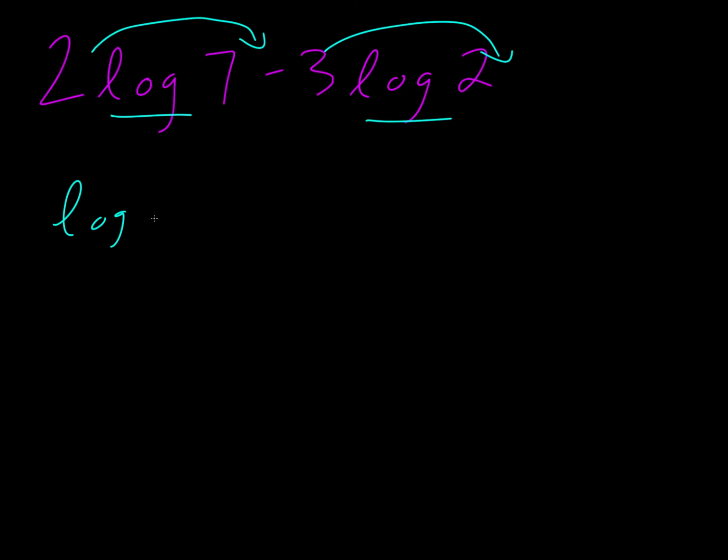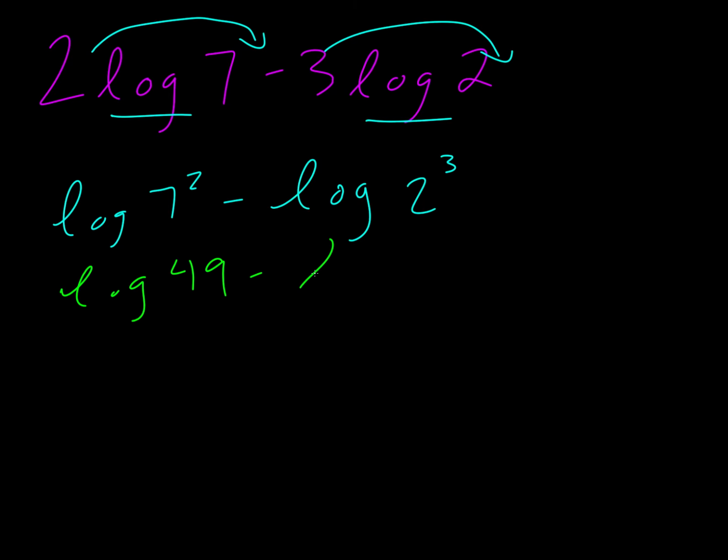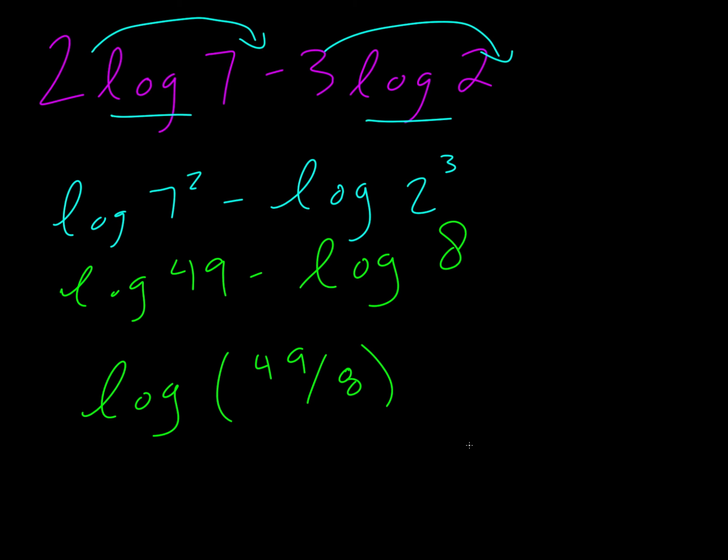So it's going to be log 7 squared minus log 2 cubed. Okay, so let's actually square it. So log 49 and log 8. Subtraction means we're going to get log and then division. And so that's going to be our final answer.